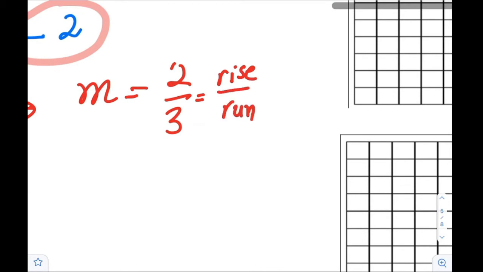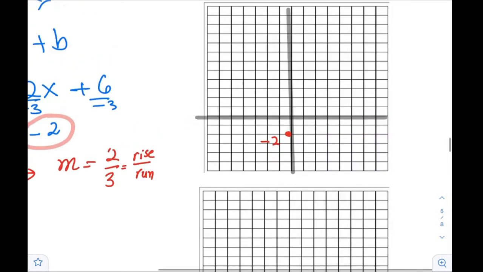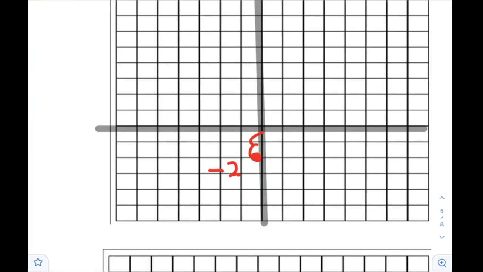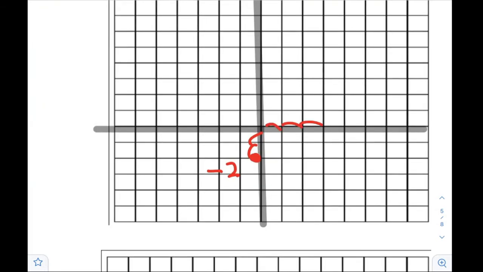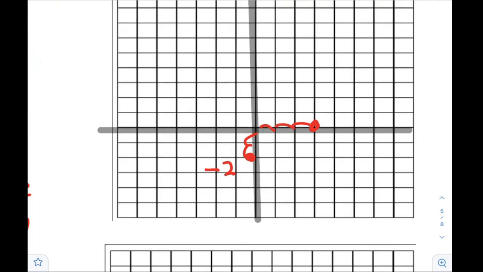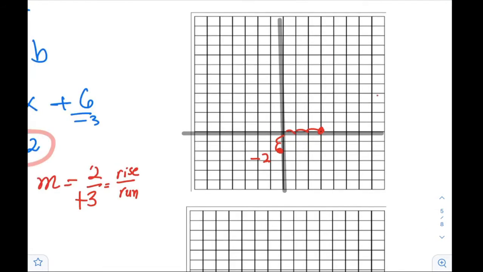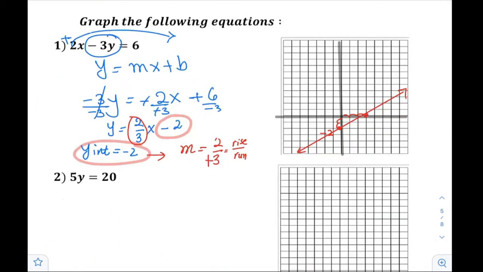I will rise up 2 units from this point in minus 2. So I reach here. And then I will run to the right 3 because it's positive 3. So I'll go to the right 3, 1, 2, 3. And this is my final point. And I will join these two points with a line. Of course we expect the slope to be positive. So we should have it rising up.